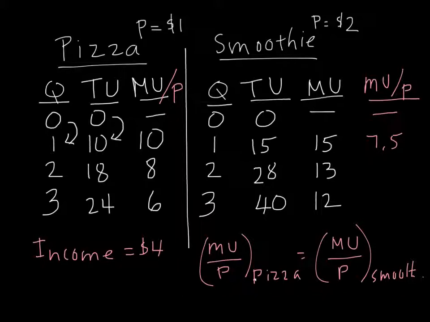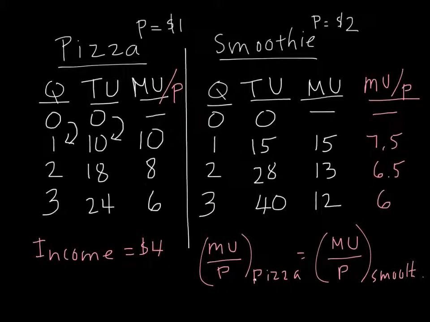The second unit is going to average 13 utils divided by a price of $2, or 6.5 utils per dollar. And the third unit, 12 divided by 2, is 6.